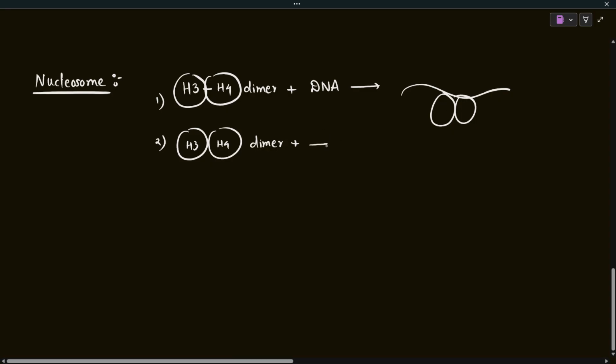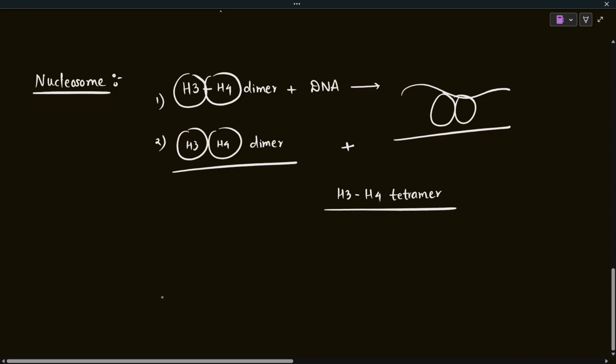Both of these come together and form the H3H4 tetramer. After that, the third step is H2A and H2B form a dimer, and it comes and attaches to this tetramer.